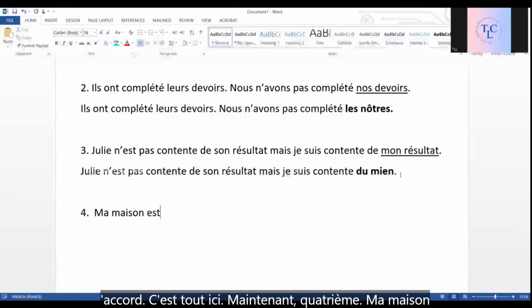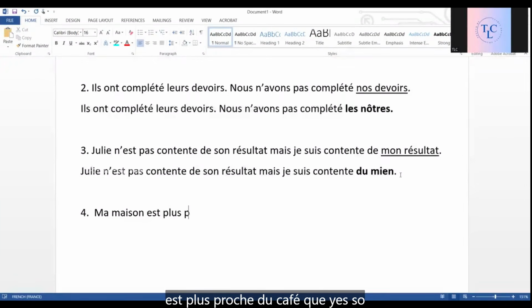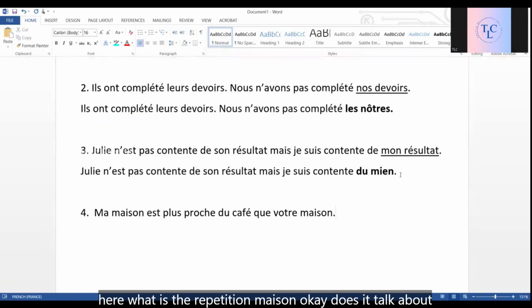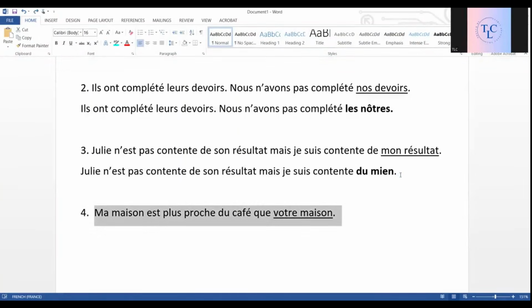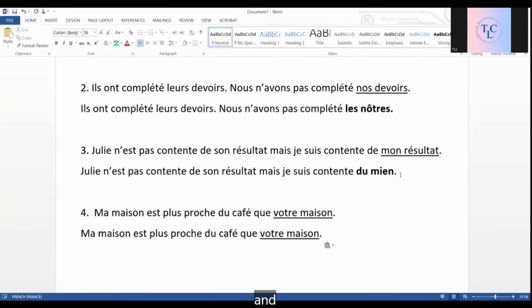Maintenant, quatrième. Ma maison est plus proche du café que votre maison. So here, what is the repetition? Maison. Does it talk about belonging? Yes. Your house. So we have to replace it with a pronom possessif.